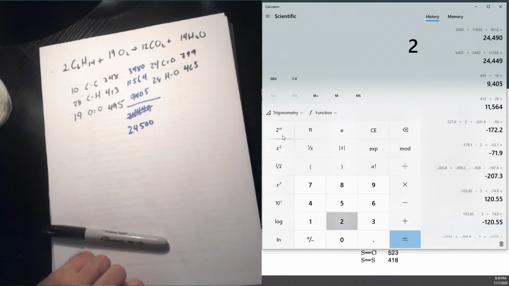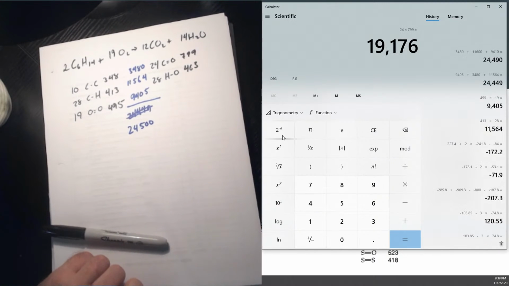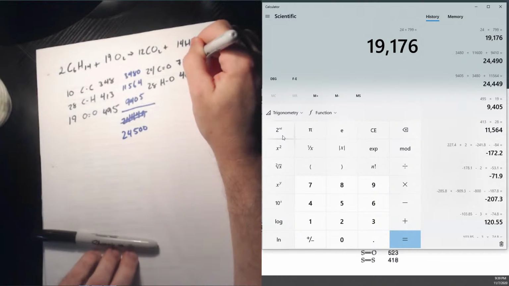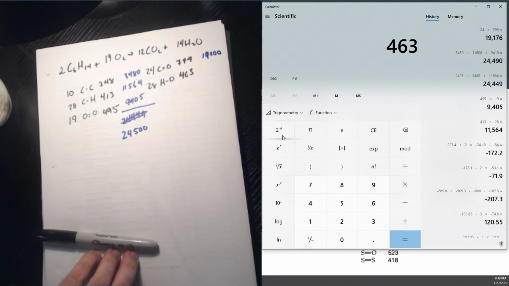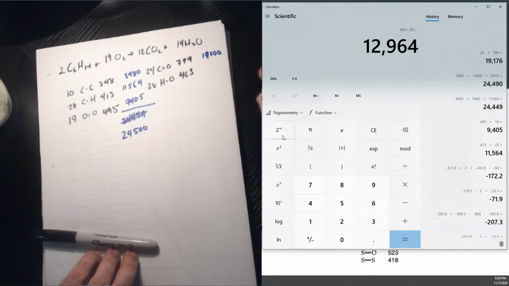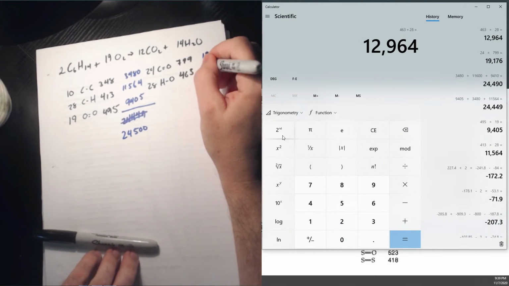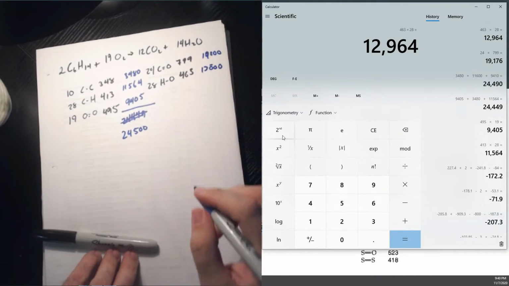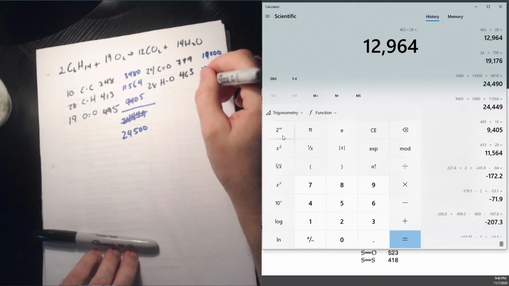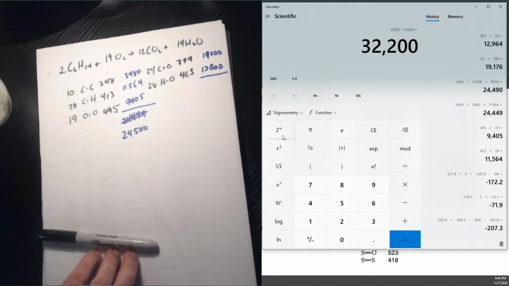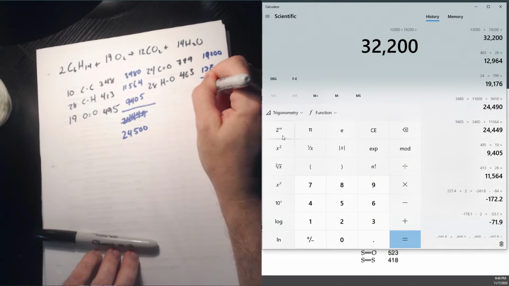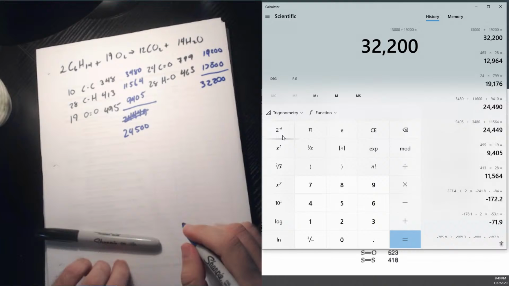And now we have 24 times 799, which is 19,200. 463 times 28 is 13,000, but this is significant. So 13,000 plus 19,200 is 32,200.